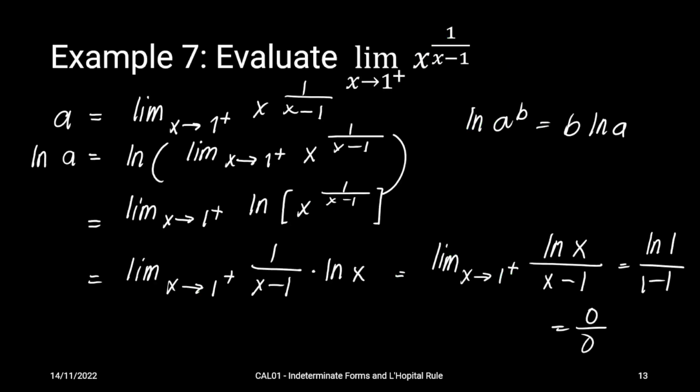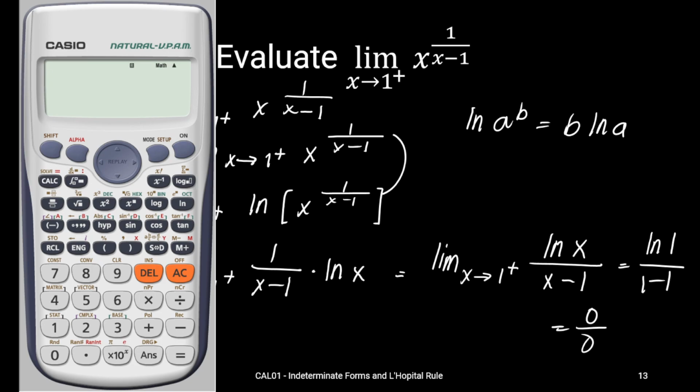So, let me bring out my calculator. Apply natin yung ginagamit natin kanina. So, we have here our function x raised to 1 over x minus 1. So, sabi nga natin, let's use calc.